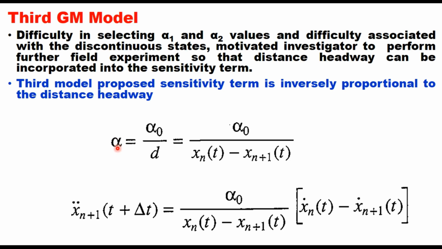That is, alpha is equal to alpha naught upon d, where d is the position difference of leader and follower at time t. So this equation now is that acceleration at time t plus delta t is equal to the sensitivity parameter alpha, which is given by this equation, multiplied by the difference in the speed of the two vehicles.